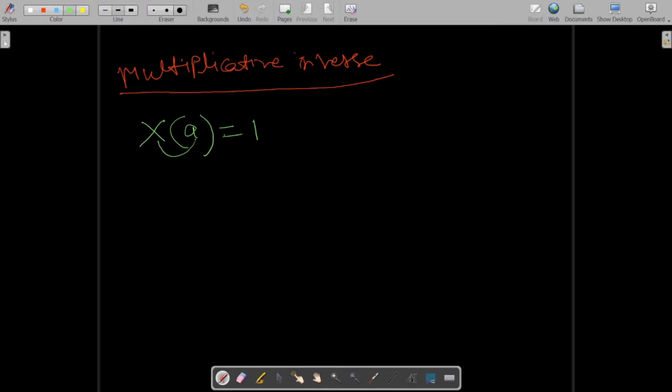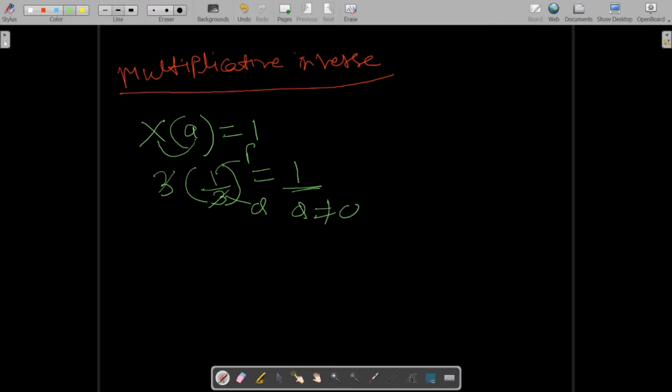Take one real number 3, and what would be the multiplicative inverse for this 3 so that I will get the result as 1? So obviously that will be 1 by 3. This is also a real number in the form of p and q, where q is not equal to 0. So this would be cancelled and it will give you 1. So we can say that 1 by 3 is the multiplicative inverse for 3.